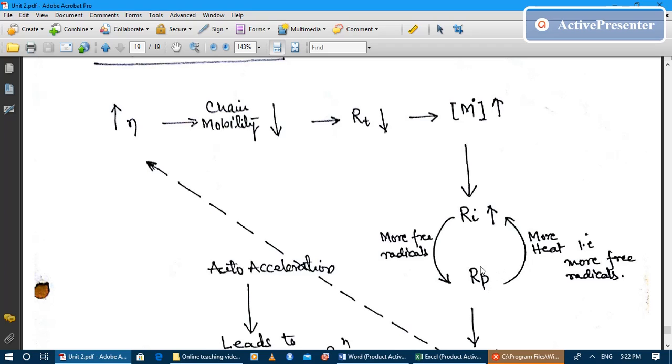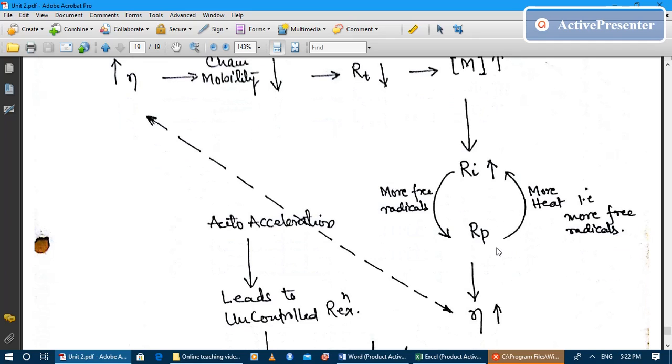So the rate of reaction is increasing, so heat generated will also increase, and this will further increase the rate of initiation, because the thermal decomposition of initiator will increase the free radicals in the system.